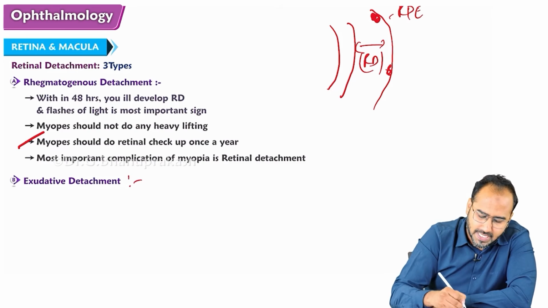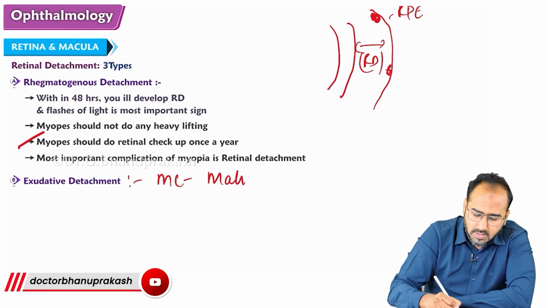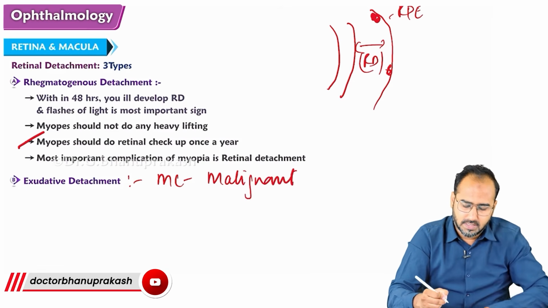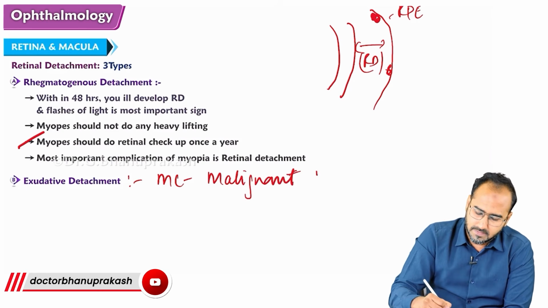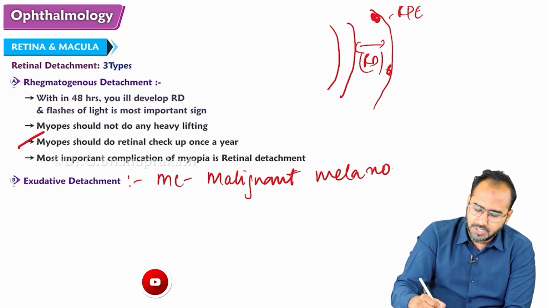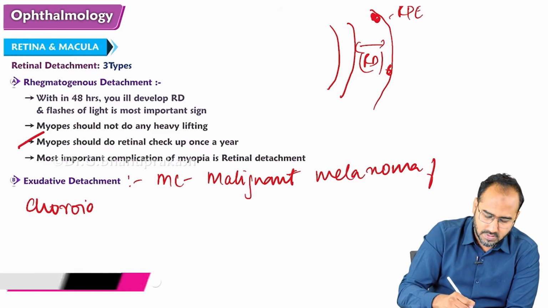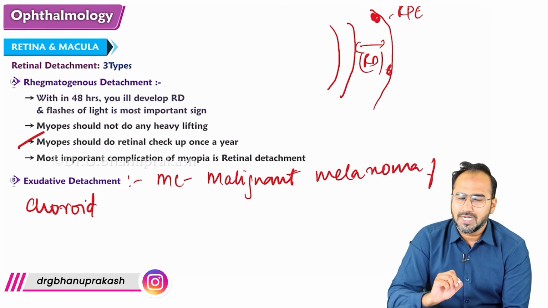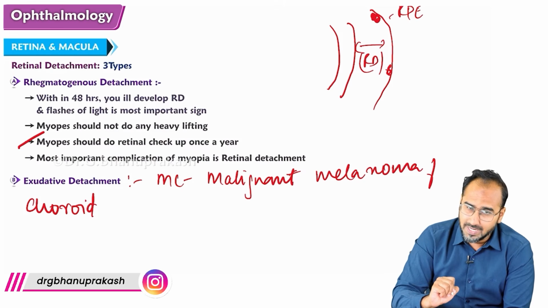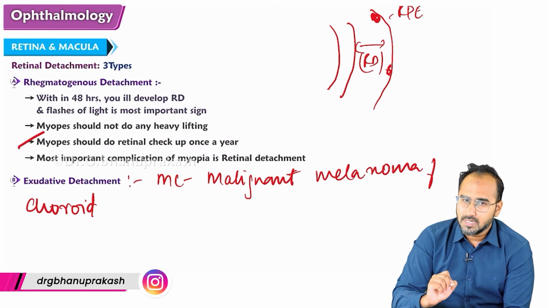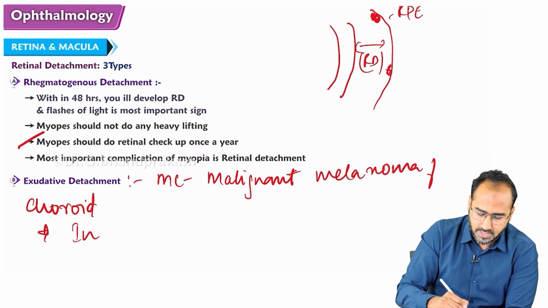So exudative retinal detachment, the most common cause of it is what, guys? Malignant melanoma of choroid. That leads to exudative retinal detachment, right? But in children, the most common tumor that leads to exudative retinal detachment is retinoblastoma.